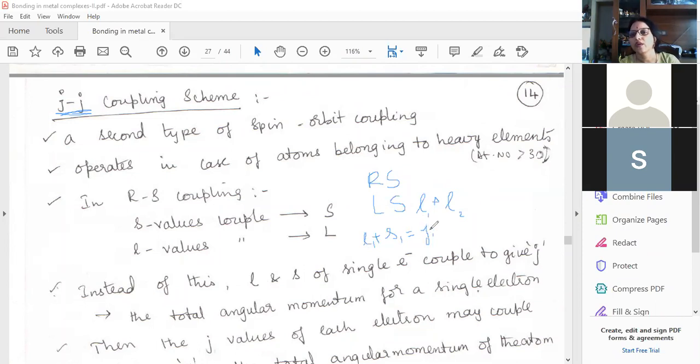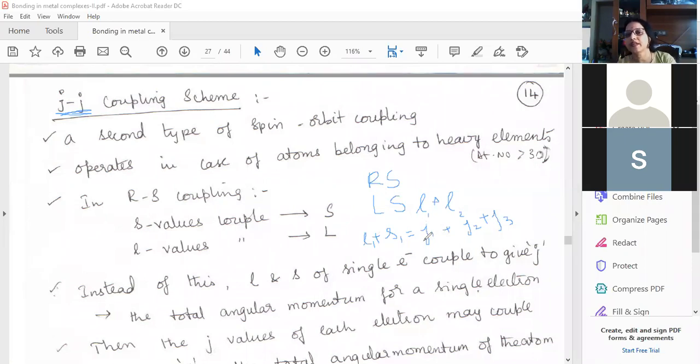So for one electron I have j1, for the second electron I have one more, j2, and for the third electron one more j value. Depending on the number of electrons, I will have j1, j2, j3. So what is happening now? For every single electron, I am coupling both the orbital angular momentum and the spin angular momentum, resulting in the total angular momentum of that particular electron.